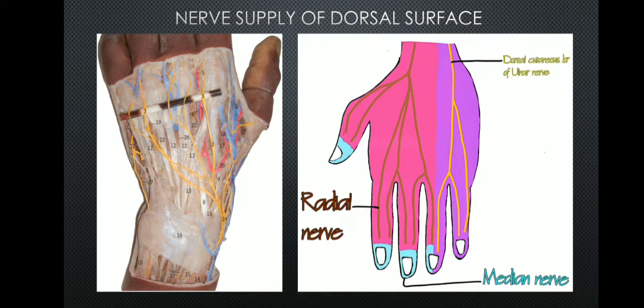Now moving on to the nerve supply of the dorsal aspect of the hand, the major component supplying the dorsal aspect of the hand is the radial nerve.